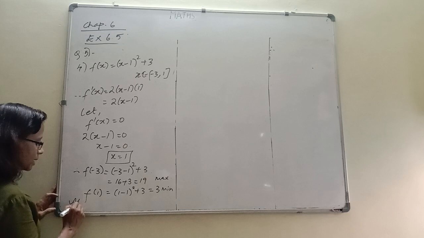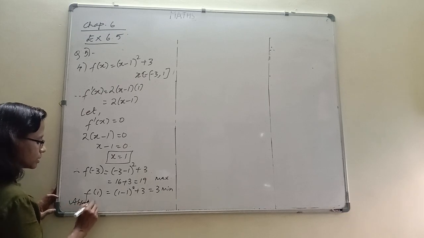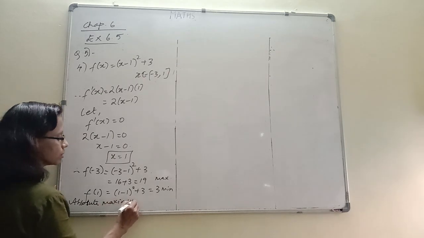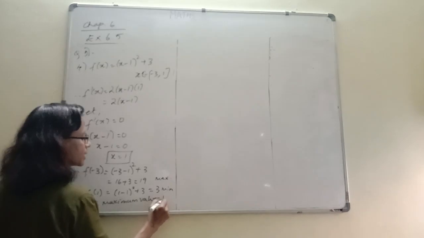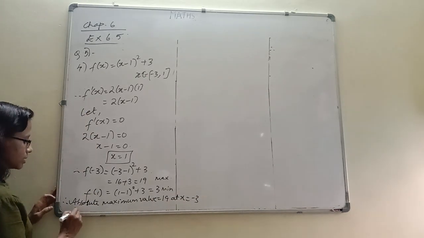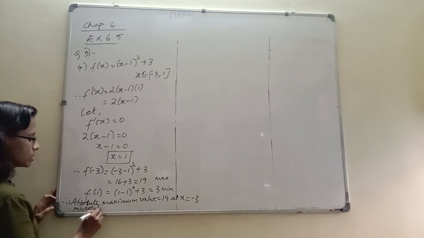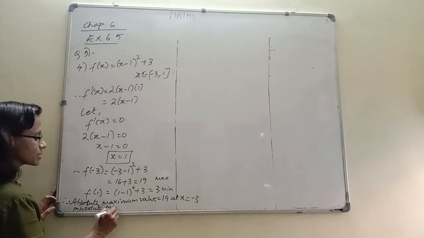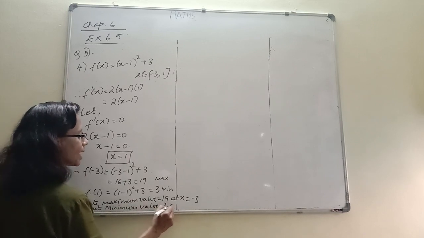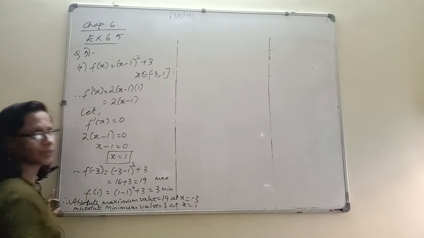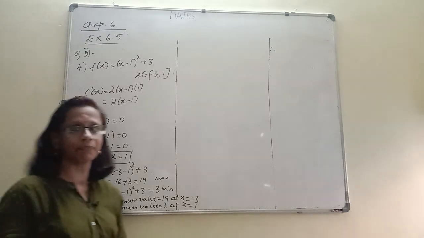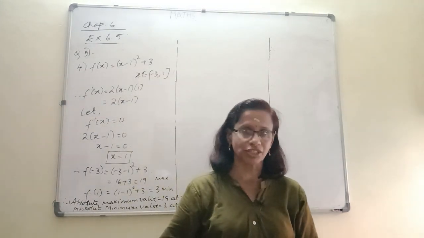Therefore, the absolute maximum value is 19 at x equal to -3, and the absolute minimum value is 3 at x equal to 1. That's it. So that's what happens in this particular problem. Your work is simpler. We could finish it off like that.